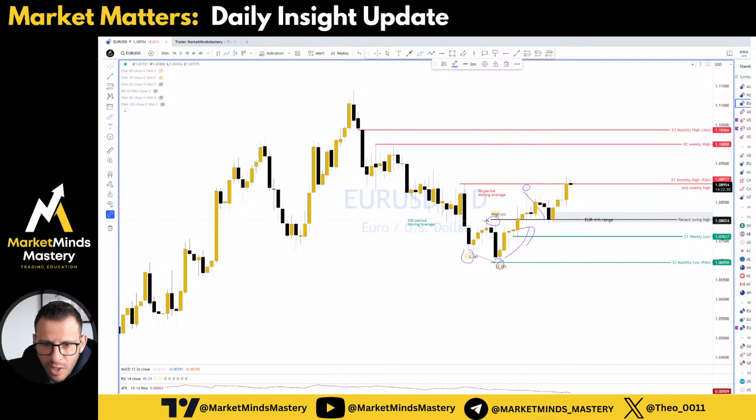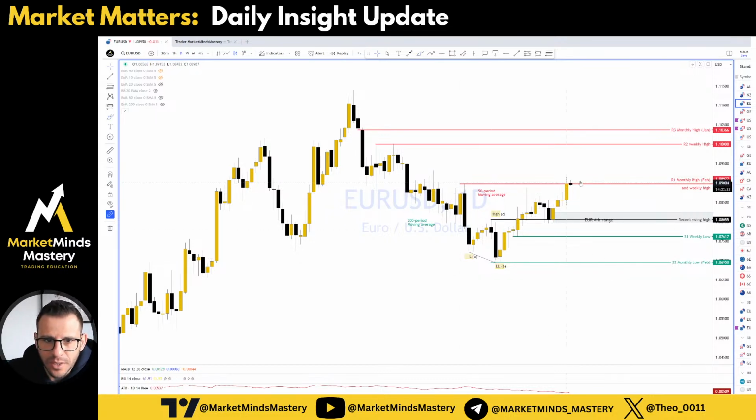Price came back, retested this swing point here, the recent swing high from point C, and it moved upwards. Okay, now at this point here, guys, there is a monthly high from February, as well as a weekly high.